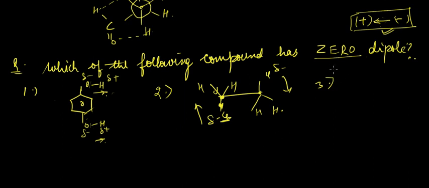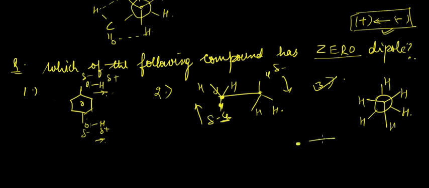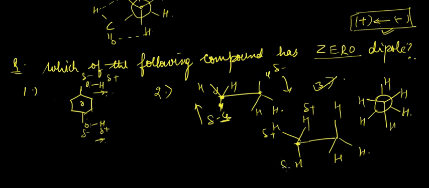Let us look at the third example. Here we have, so in this case the dipole moment would be 0. Why? Because if you make the sawhorse projection of this, you can easily see that this hydrogen will be partially positively charged, same for this.